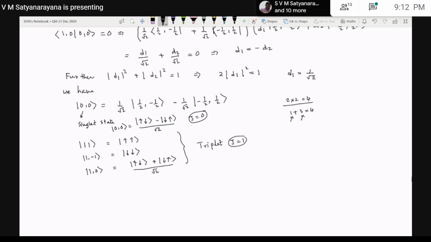In other words, suppose you are writing a matrix. That matrix will have a block diagonal structure where you have a 1 by 1 block and a 3 by 3 block. The 1 by 1 block is for the singlet and the 3 by 3 block is for the triplet. The direct sum structure is like a block diagonal structure of the matrix. Like in the previous case, when we talked about 1 and a half, you have a 2 by 2 block and a 4 by 4 block in a 6 by 6 matrix.